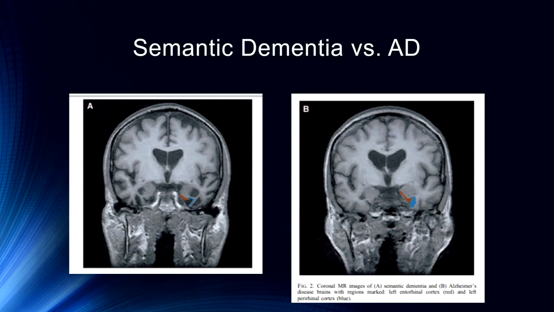And so what you can see is dramatically reduced perirhinal cortex in the semantic dementia patient that is not seen in the Alzheimer's disease patient. And one thing to be clear, these are radiological profiles, so the left is on the right. So these are left entorhinal cortex and left perirhinal cortex.